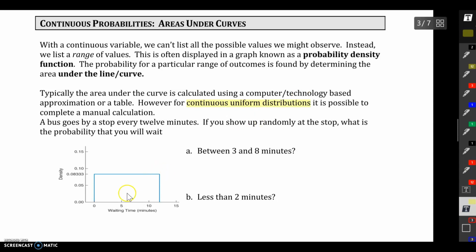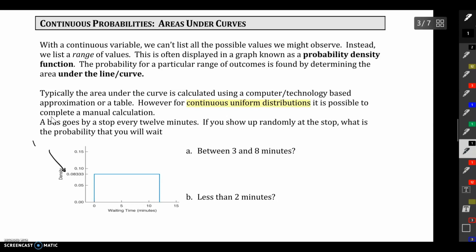Okay, so let's look at this example, involving a bus. So a bus goes by a bus stop every 12 minutes. If we show up at random, we can figure out the probability that we wait a certain amount of time. Okay, the probability density function has a height of 0.0833. How does it get that height?